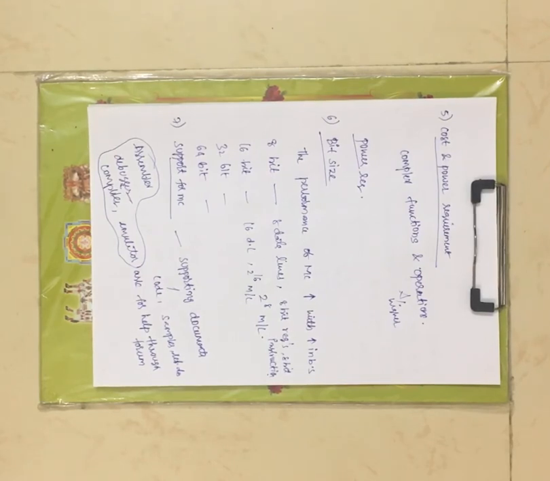Now coming to the last important factor, support for the microcontroller. See, you'll have supporting documents. You have to refer to those supporting documents, that includes code samples and reference designs, right?